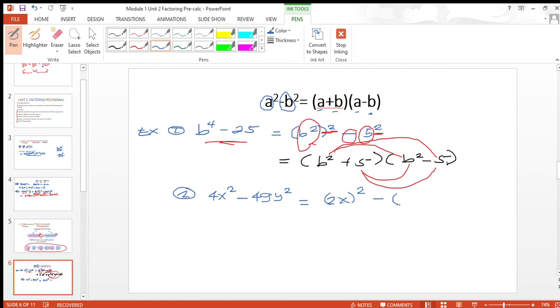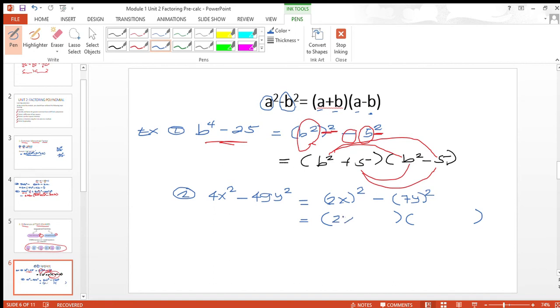Minus, similarly, for 49y squared, square root of 49 is 7, and then we have square root of y squared is y. Then this is quantity squared. So if you will inspect this, we have a difference of two squares. And according to the rule, if we will now factor a difference of two squares, we get two factors.